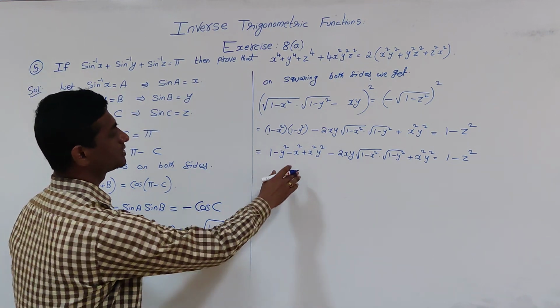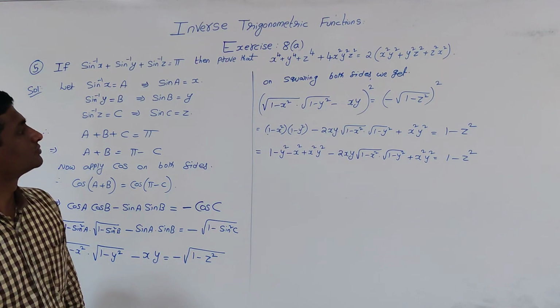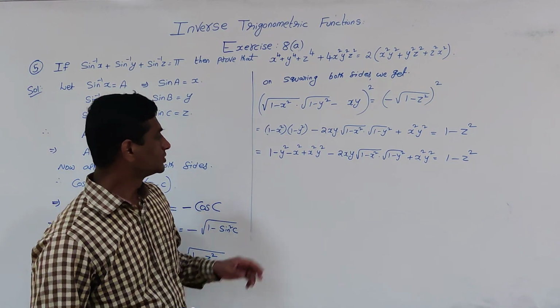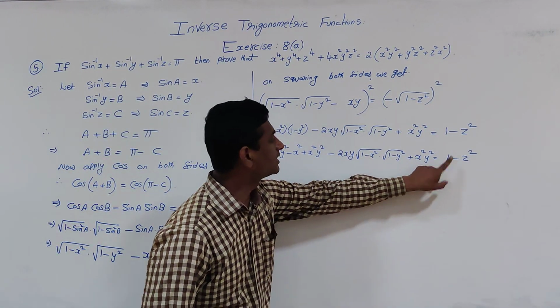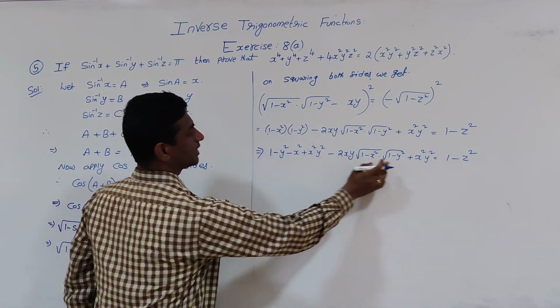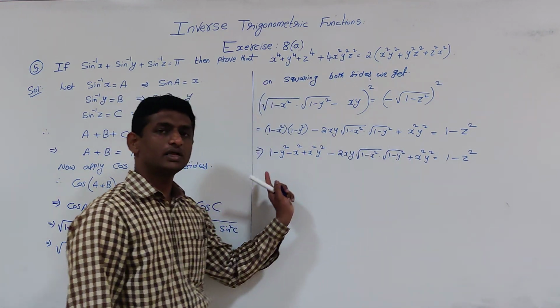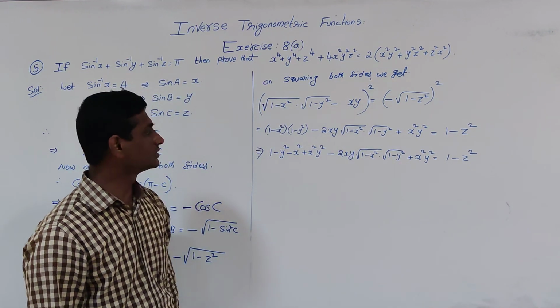So take all the terms to the right side. So 1 and this 1 get cancelled. Bring this minus z square to the left hand side, so it becomes plus.